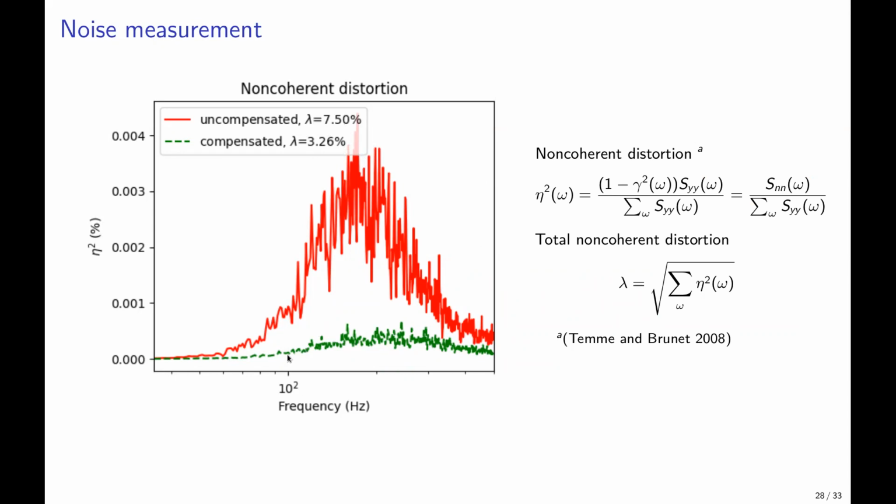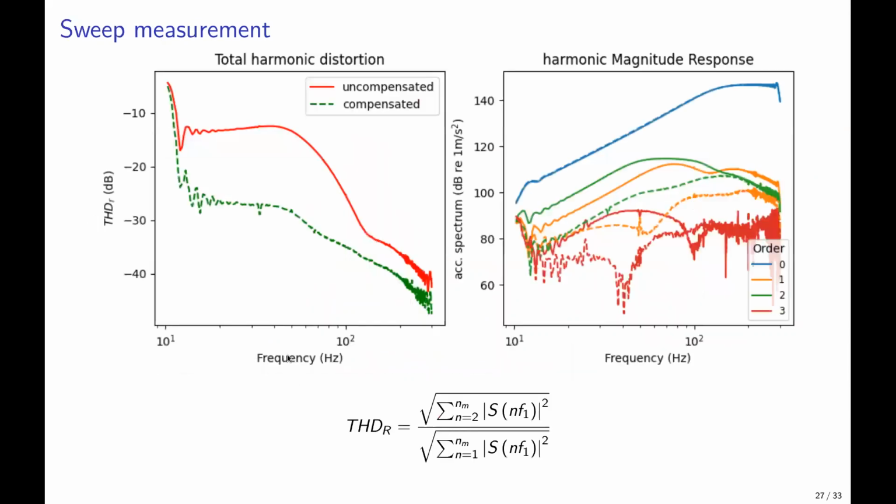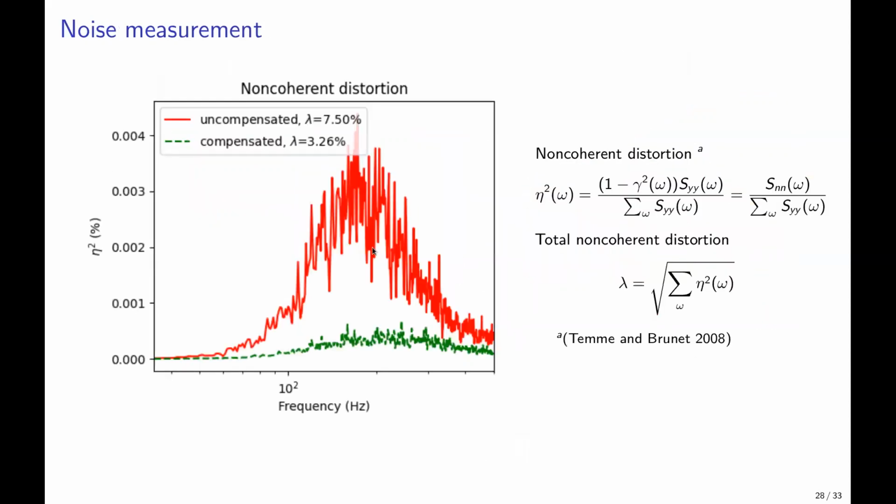The interesting thing here is that even though in this plot it looks like we only reduce distortion below the resonance frequency, actually all these harmonic components can also be above the resonance frequency. So we don't only reduce distortion in this not so useful frequency range, but distortion is actually reduced at higher frequencies, above resonance, as you see here.